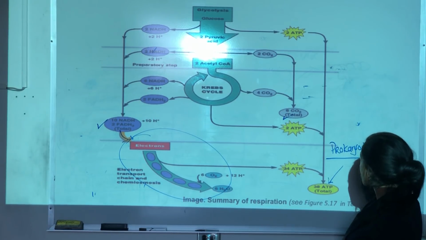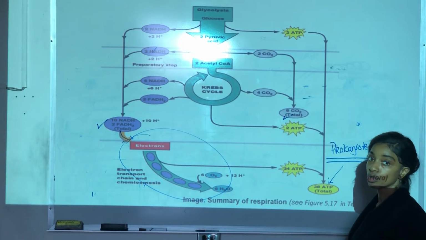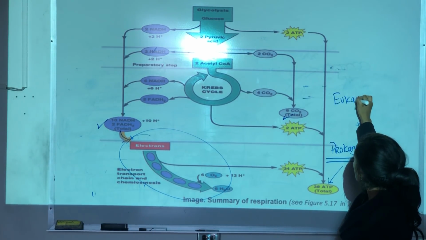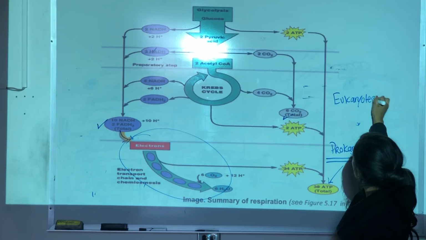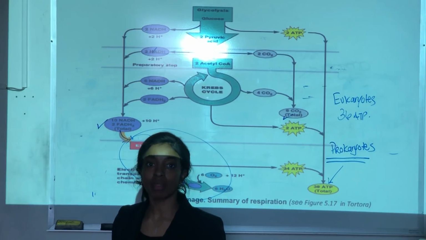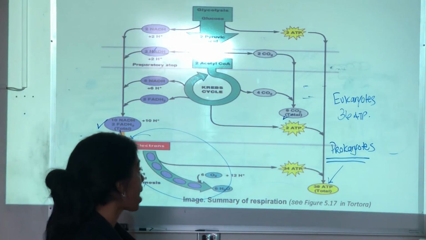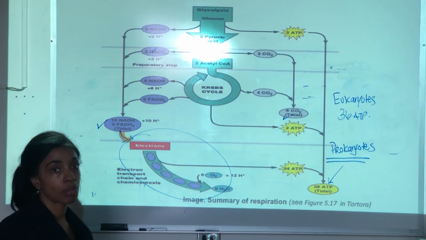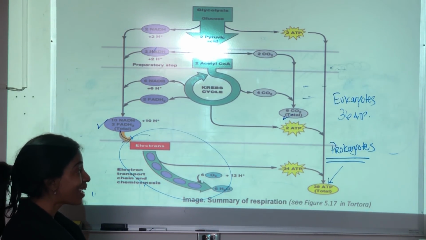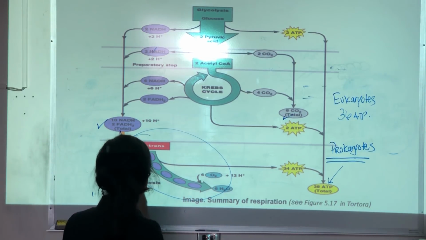But what about eukaryotes, right? Eukaryotes make slightly less. Eukaryotes make how many? They only make 36 ATP. Right, so they make slightly less, and that's the maximum. It doesn't mean that all the time a cell will make that amount of energy, but that's the maximum that they're capable of making. And eukaryotes always make slightly less than prokaryotes.